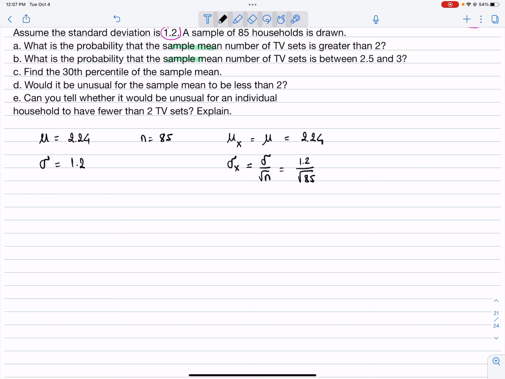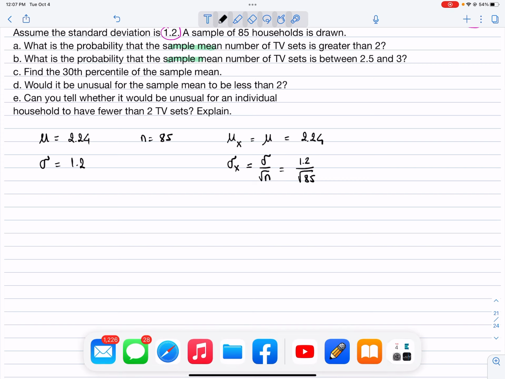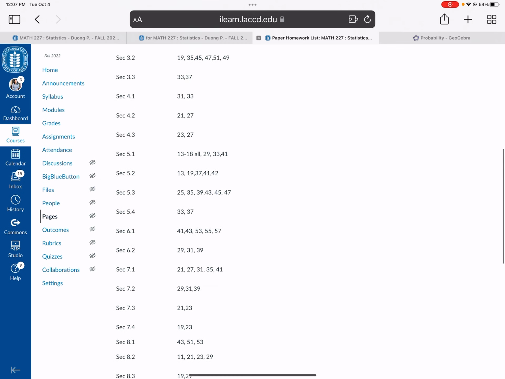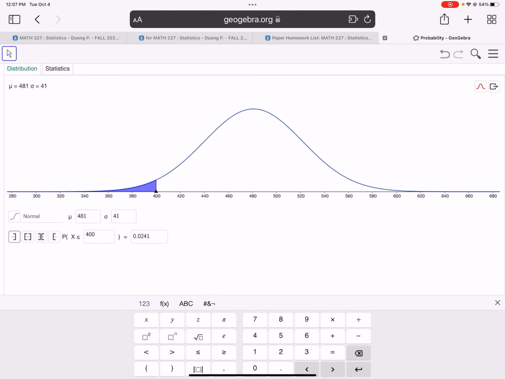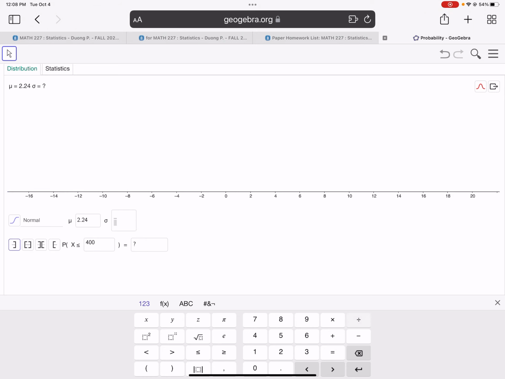Now we will input those numbers in GeoGebra. So the mean for the problem is 2.24 and for the standard deviation, I'm going to click on the fraction first, which is divide, and on the top I have 1.2.